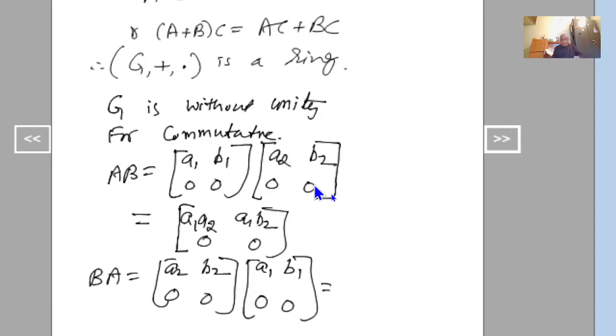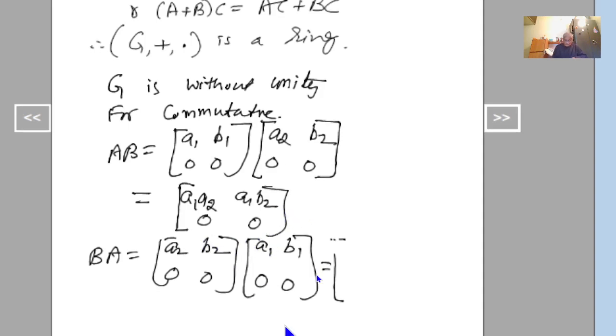If I take the multiplication, this is A2 A1 in the first position, then first row, second column is A2 B1, and the second row is 0, 0.